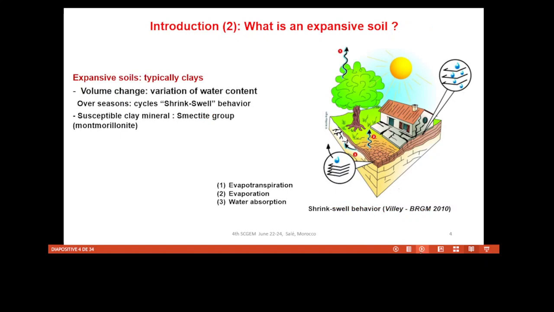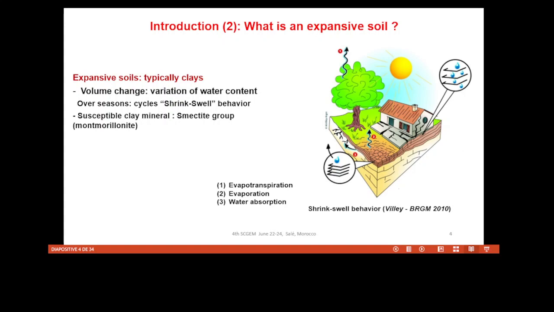What is an expansive soil? Referring to this figure, courtesy of BRGM 2010, expansive soils are typically clays, and they exhibit volume change due to the variation of water content over seasons.